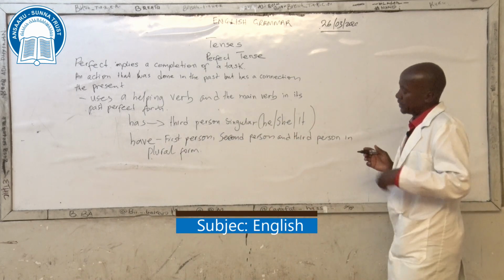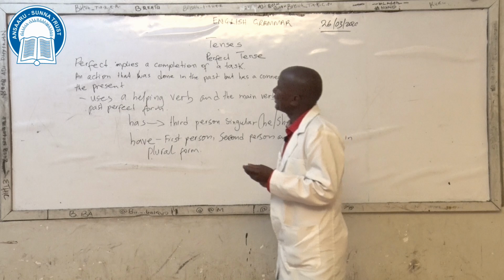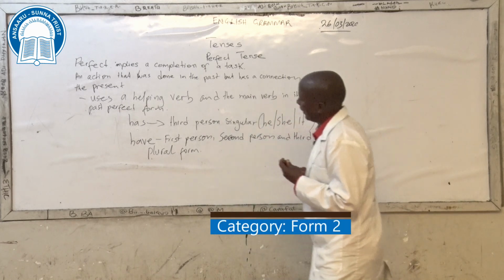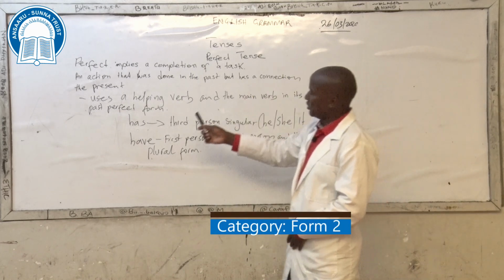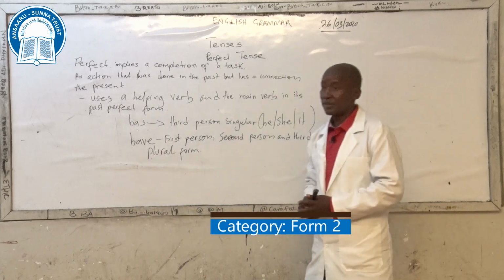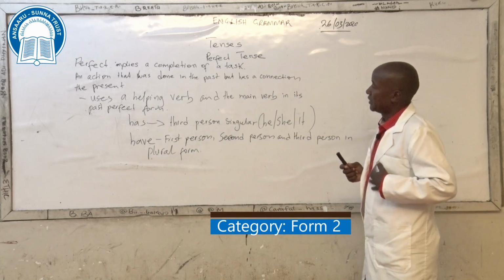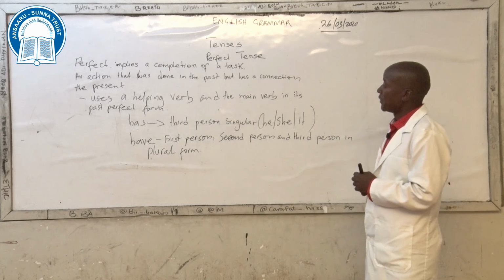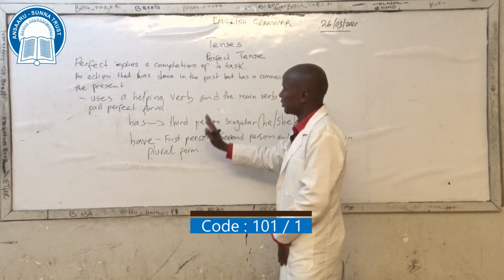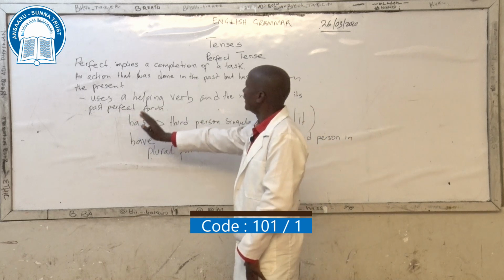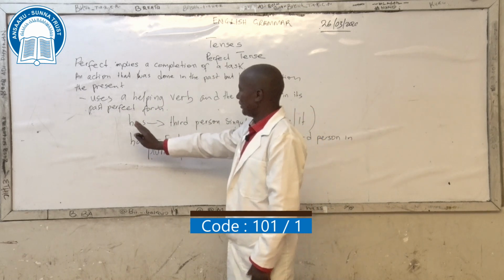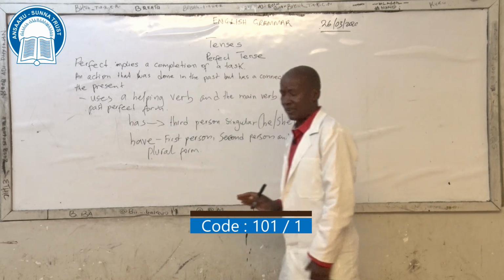So I repeat that in perfect tense, we use helping verbs and the main verb in its past perfect form, and the helping verbs we are using in this perfect tense are has and have.